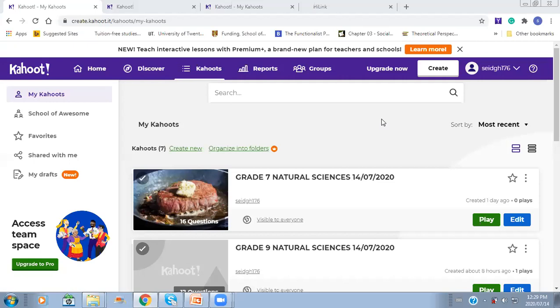Convection can occur through a solid. Okay, let's watch out. All right, let's see.